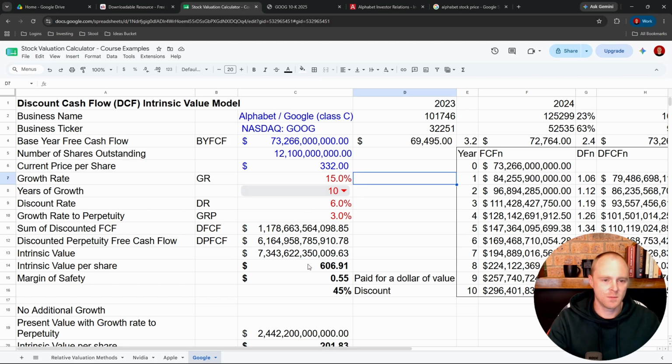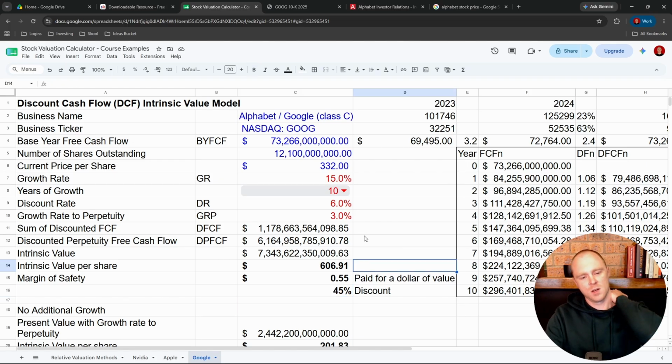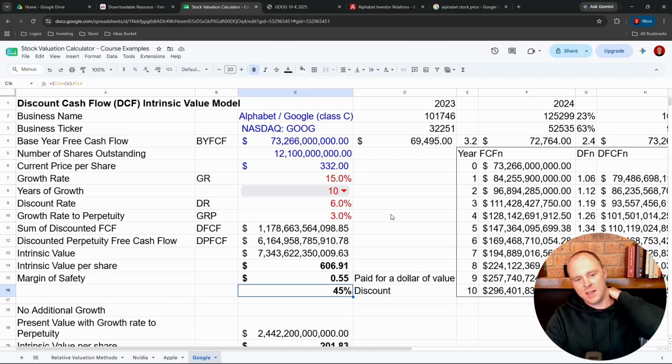Now, over that period, that pretty much gets us to an intrinsic value per share of $606. And that gives us a margin of safety and a discount of 45%. So what does that mean? At this stage, because most of the money within the business is being reinvested back into it, there are a lot of unknowns, and a few investors and things like that aren't valuing Google at its potential to grow.